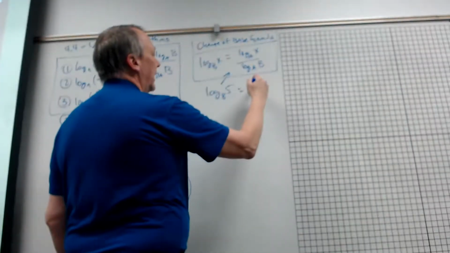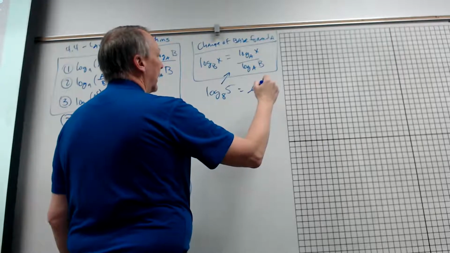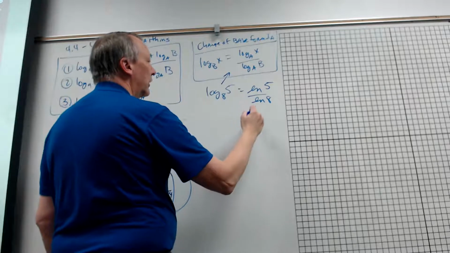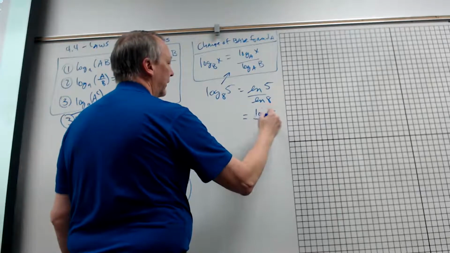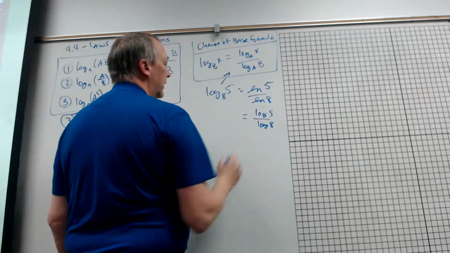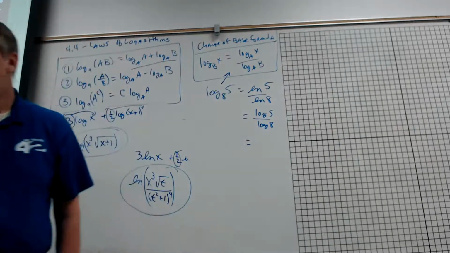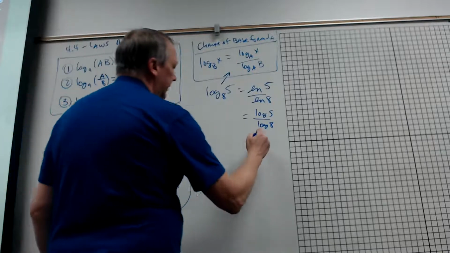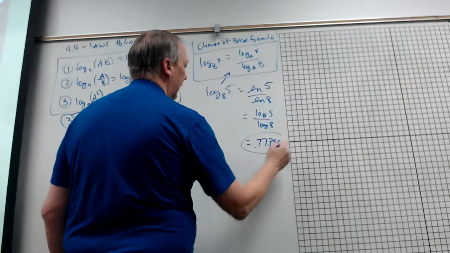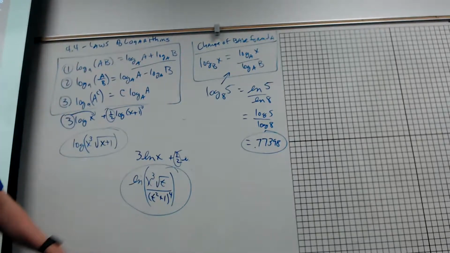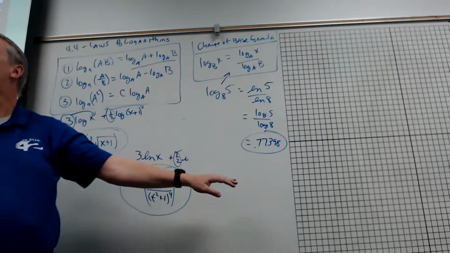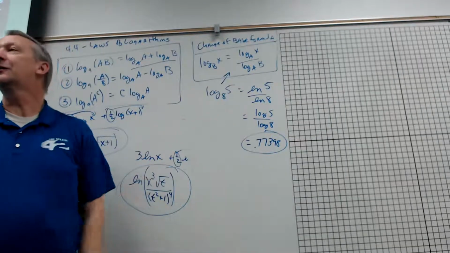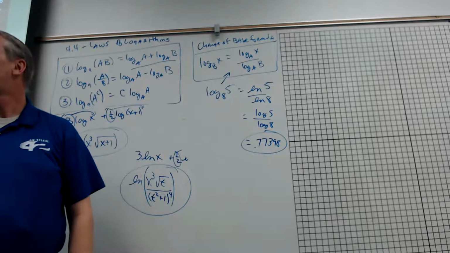You can write that as the ln of 5 divided by the ln of 8, or as the log of 5 divided by the log of 8. In either case, you should get the answer of 0.77398. Typically with the change of base, you can change it into any base you want, but since most of you have an ln key or a log key, those are the two most common ones you'll use.